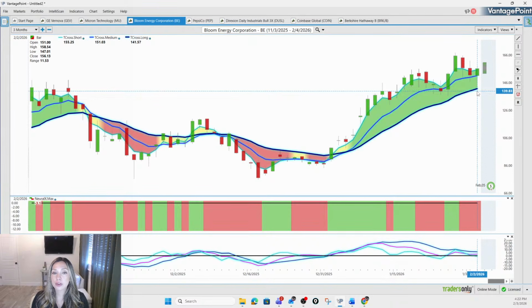So maybe you're not using verified support and resistance. You could also use the triple cross, or that T-cross long, as a supplement for that support as well. As the trend moves up, you can see that level's going to move up with it because it's an exponential moving average, but it's predictive.